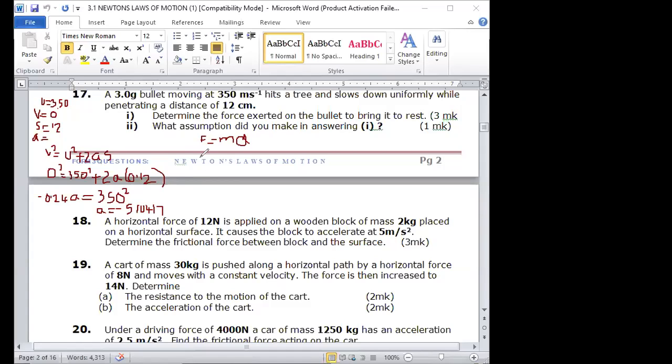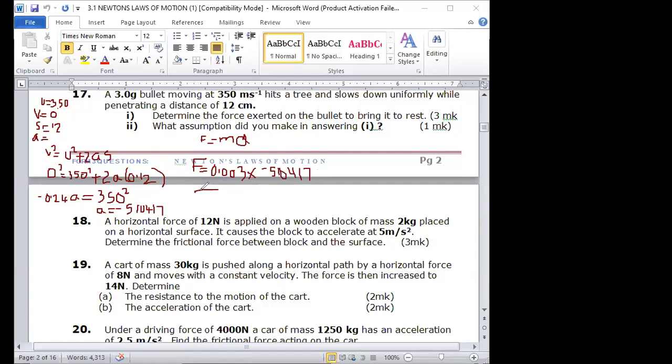So we come now to the formula F is equals to M, 3 grams converted to kg becomes 0.003, multiplied by 510 for 17.